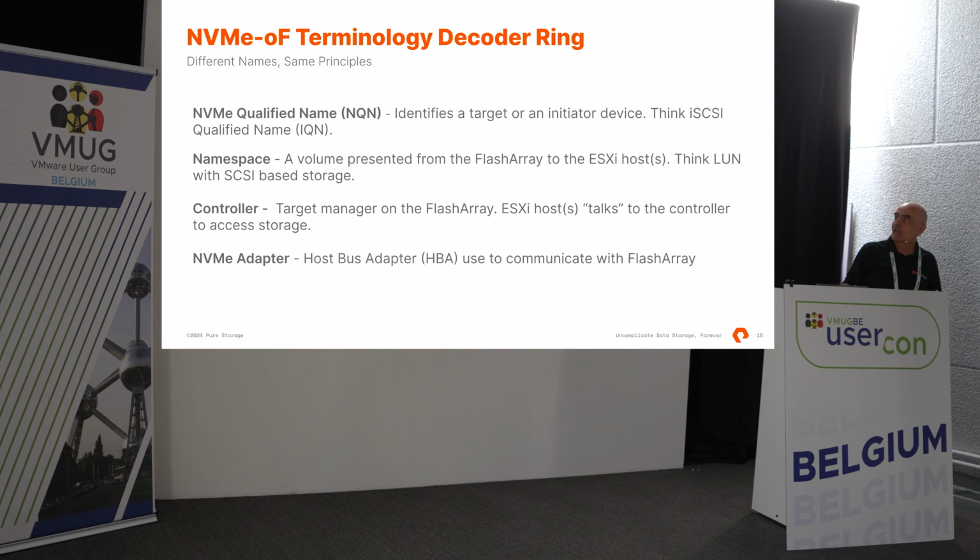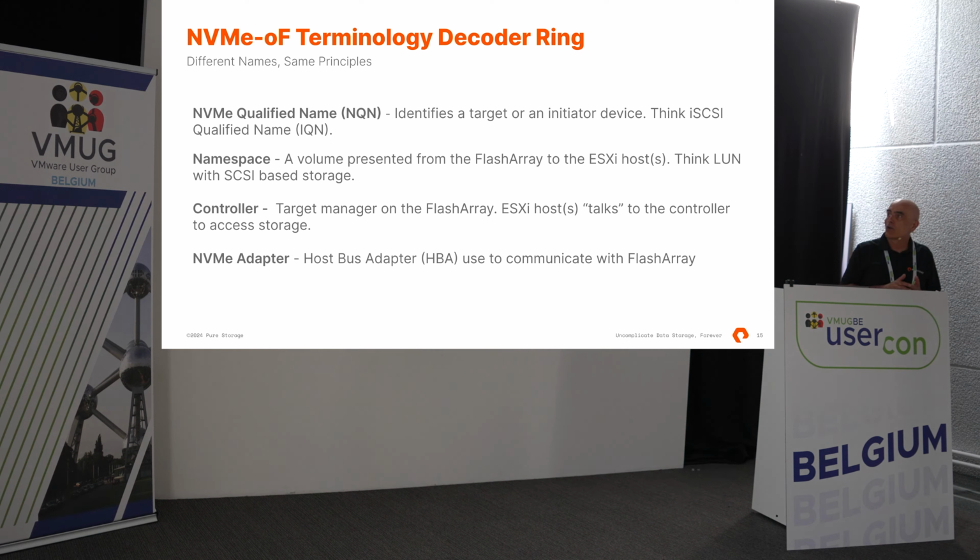There is the namespace, which is a slightly different concept with respect to SCSI. It is essentially a volume, the way the volumes, or LUNs in the old naming, are presented to the consuming hosts.